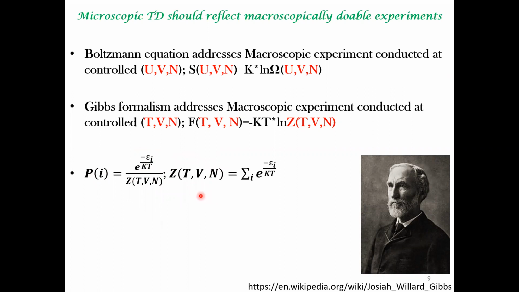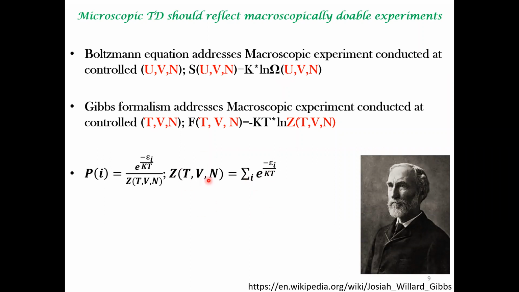This can be interpreted as an average degeneracy of a system. Here also we interpreted this partition function as the degeneracy of the system. Degeneracy means the number of microscopic ways of distributing the system corresponding to a particular macroscopic constraint.